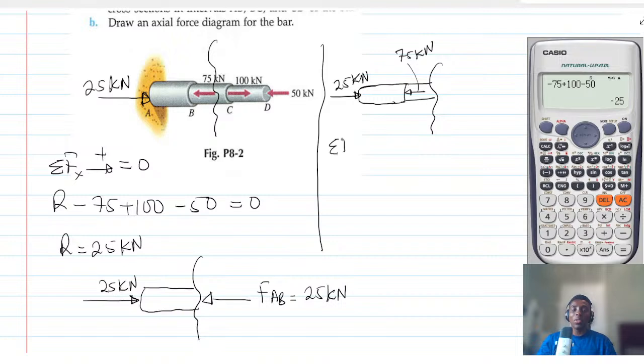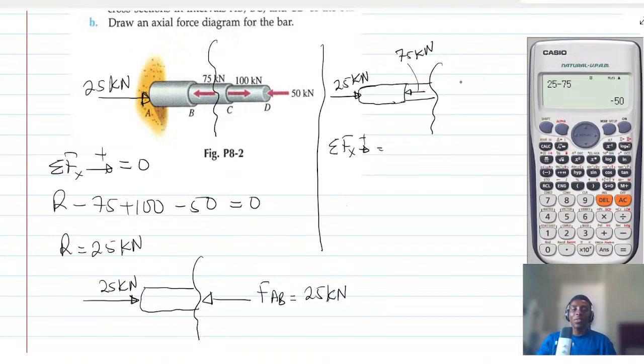So you ask yourself, I have 25. Let's look at summation of forces on this body. It will be 25 minus 75, which is minus 50. So it means that if I want this body to be in equilibrium, I have to bring a force which will counter it.